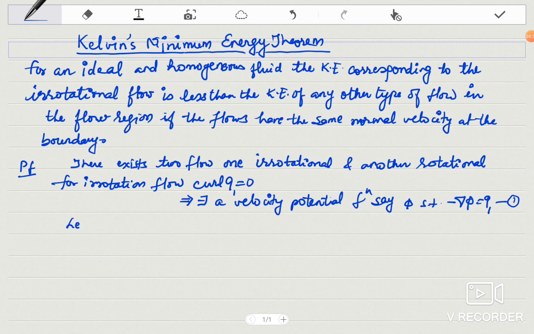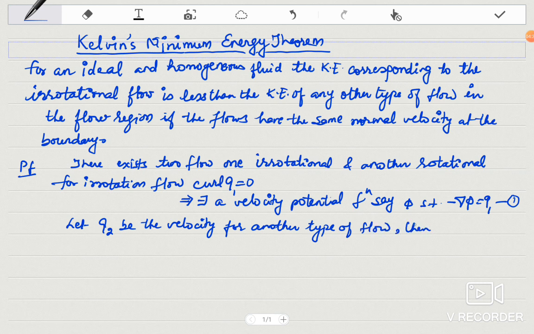Now let q2 be the velocity of another type of flow, other than irrotational. Then under the condition given, what is the condition?